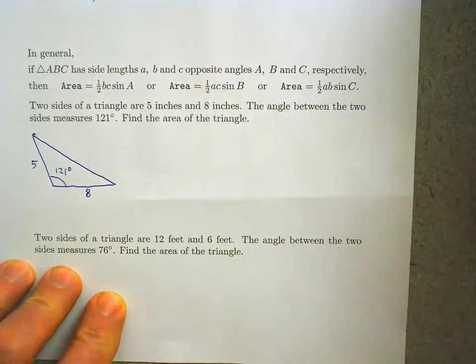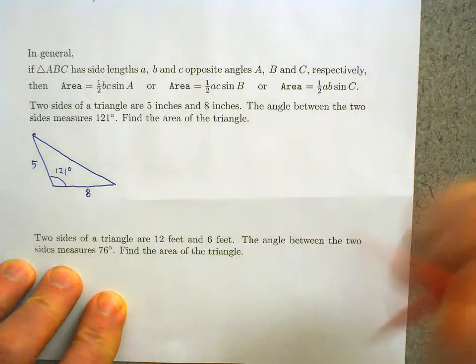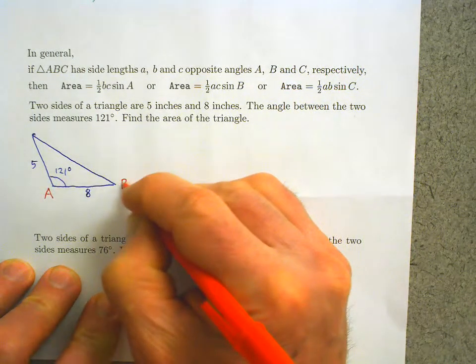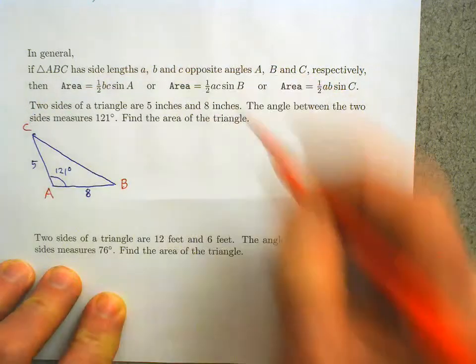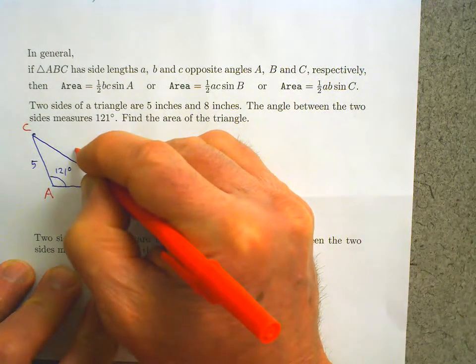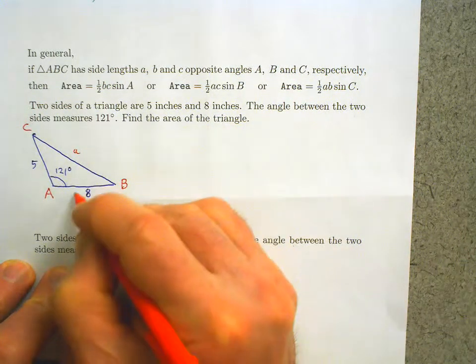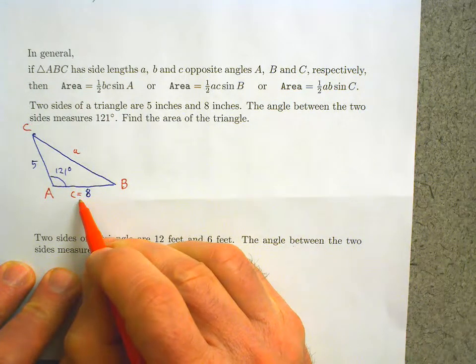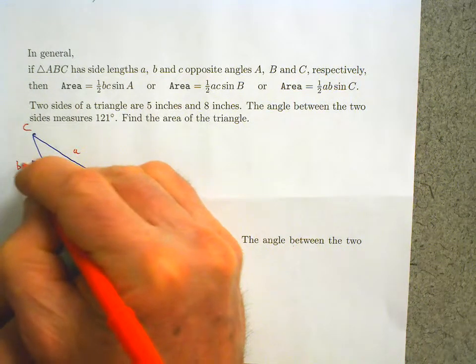So if it helps, label the triangle ABC so that you can also label the side lengths.